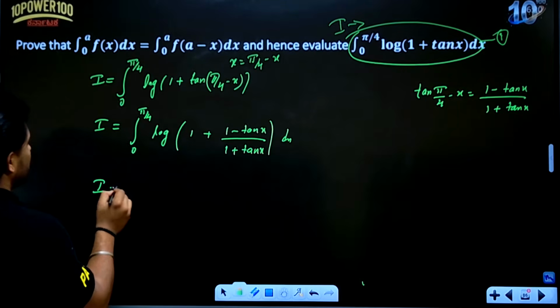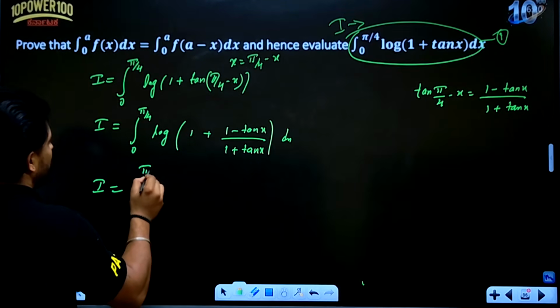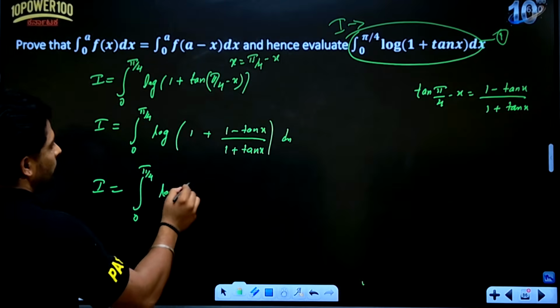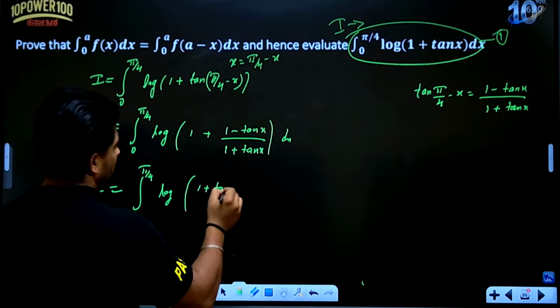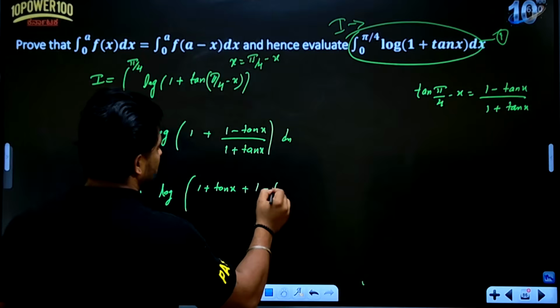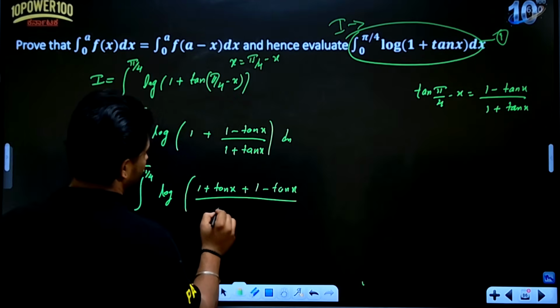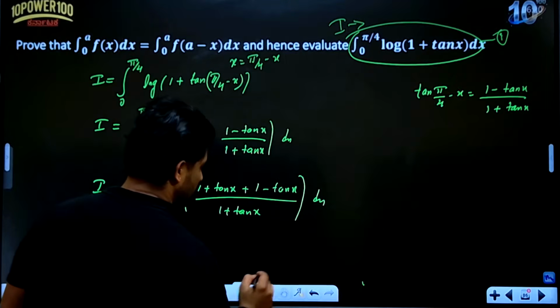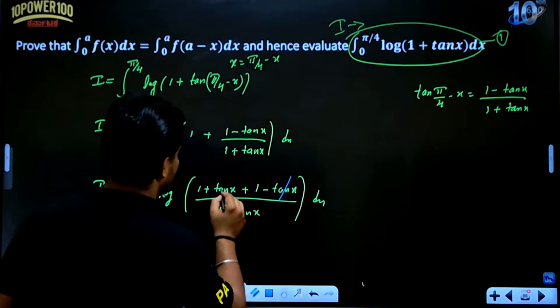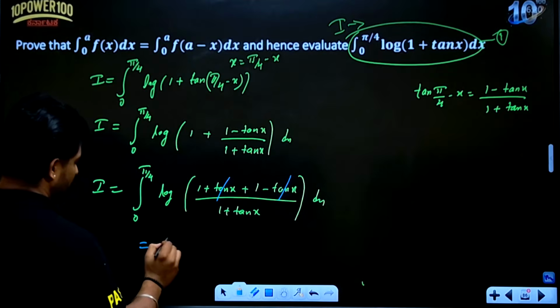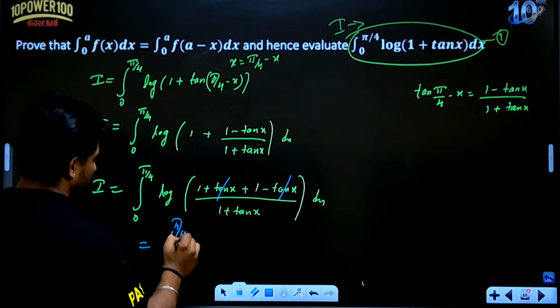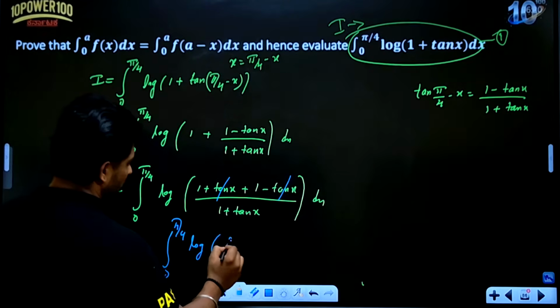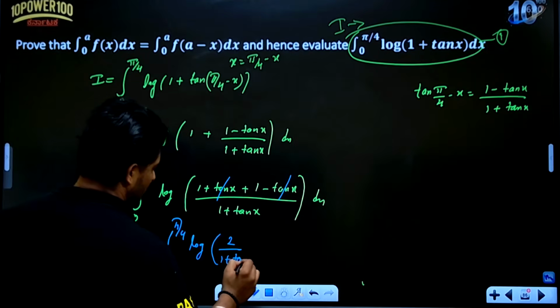So I is equal to the integral of log of (1 plus tan x plus 1 minus tan x) divided by (1 plus tan x) dx. Here tan x and tan x cancel out, so we get log of 2 divided by 1 plus tan x.